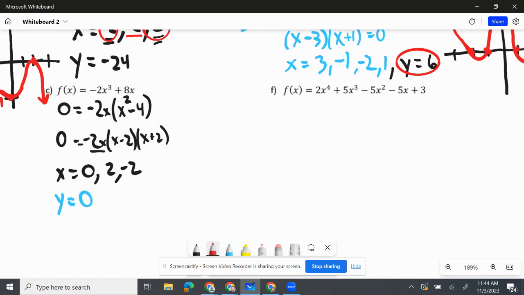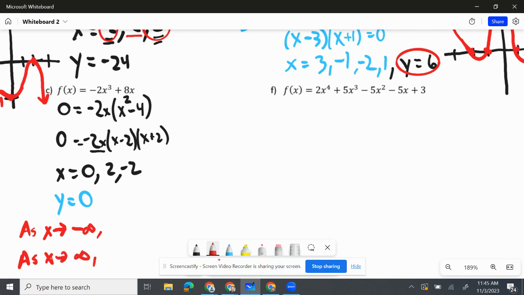And then when we do the end behavior as x, not y, as x approaches negative infinity, as x approaches infinity.